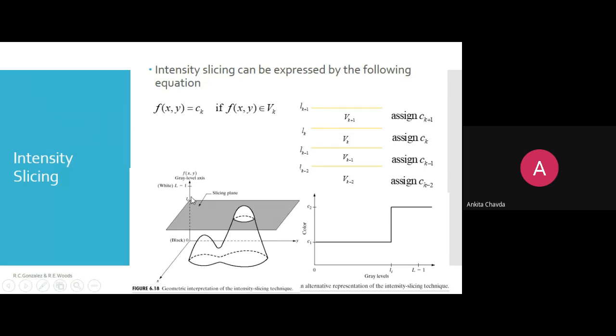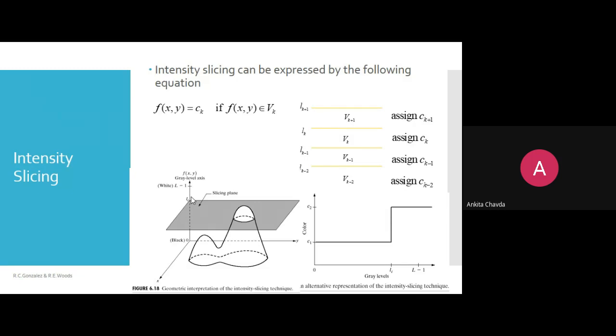Li. Suppose I have a cut at 127, so Li equals 127. Simple. At 127, I have sliced that plane. Now I am saying that below that slicing the color is this, and above that slicing the color is this.